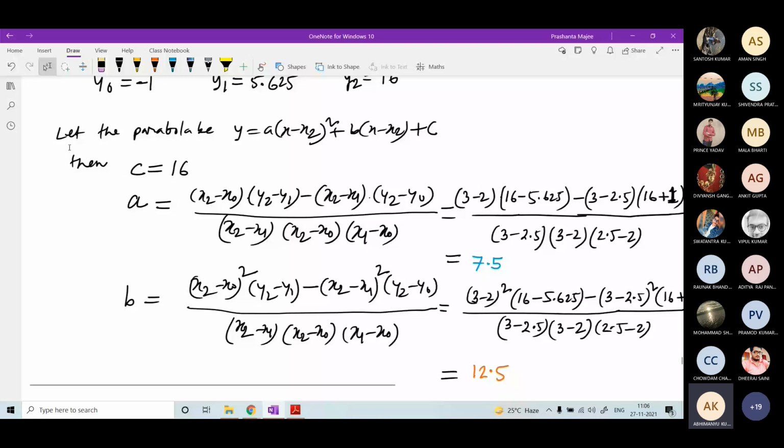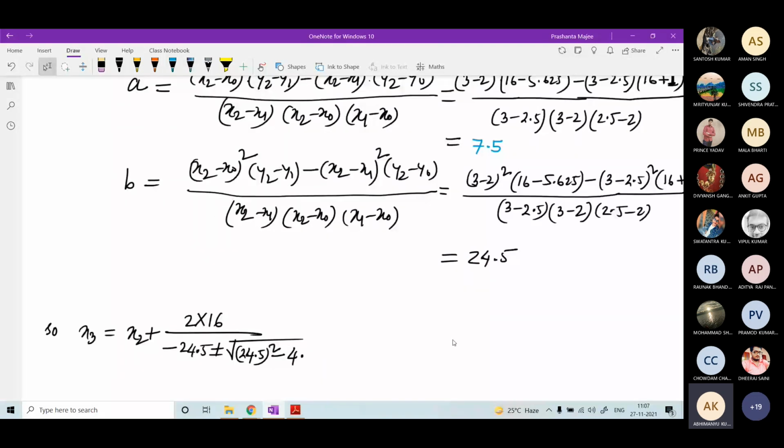Here 2c is 2 into 16. Minus b is minus 24.5, and under root 24.5 square minus 4 into 7.5 into c, where c is 16. So you'll be taking the minus sign here because the first term is minus 24.5.